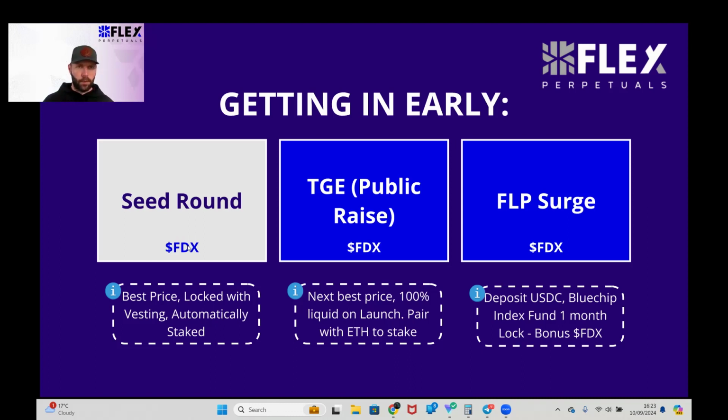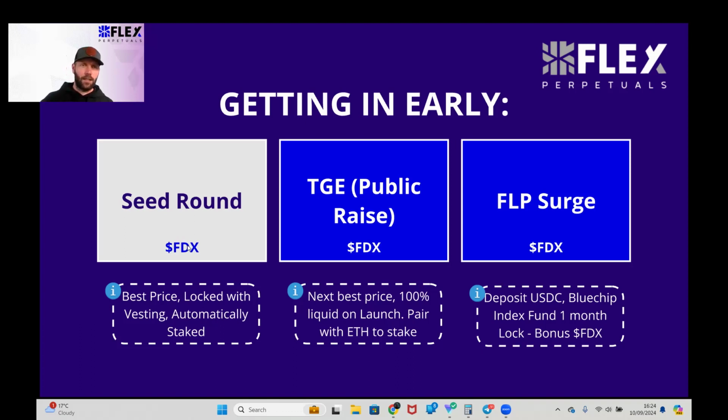But in order to bootstrap that liquidity at launch, we're doing what we call the FLP surge, where you can deposit USDC. You will get the FLP token, which is an index fund made up of USDC, BTC, and ETH.